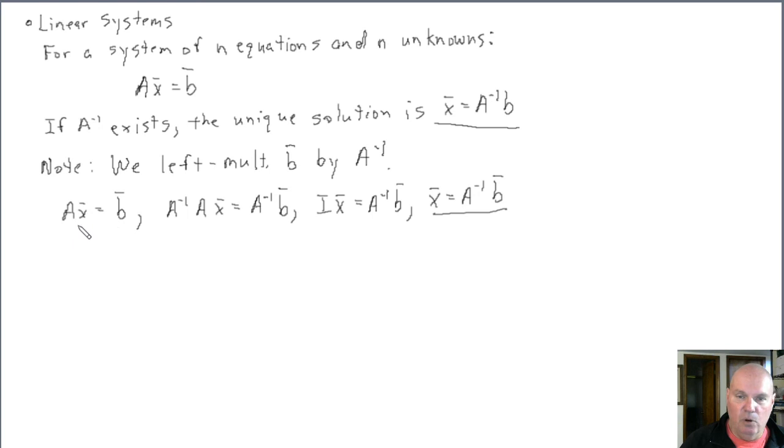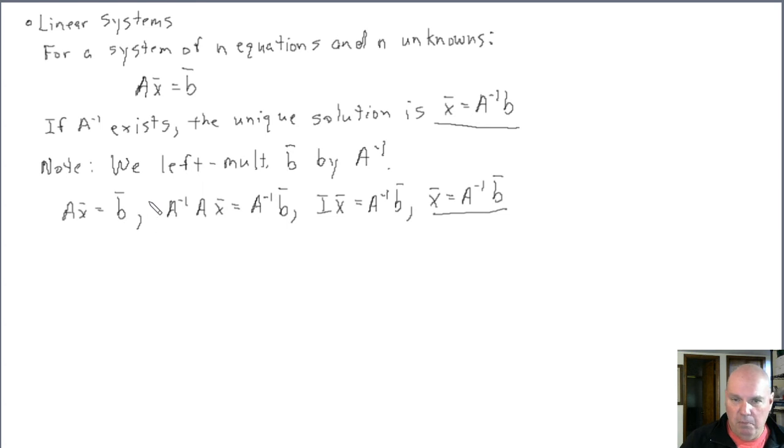If I right multiplied, again, it doesn't give me the correct answer. In fact, if I right multiply here, that multiplication is not even defined because B is an n by 1 vector. So I can left multiply by an n by n matrix and get an n by 1 result.